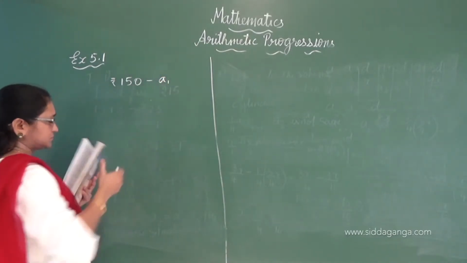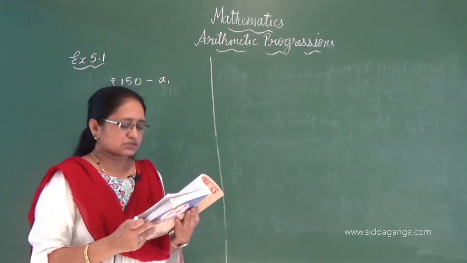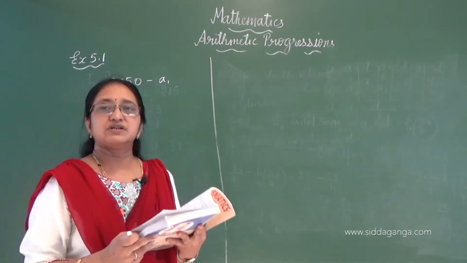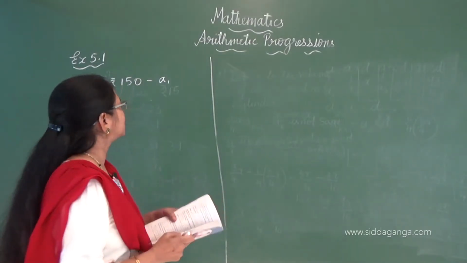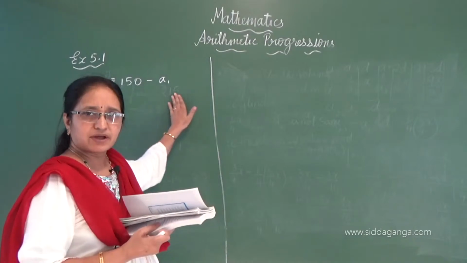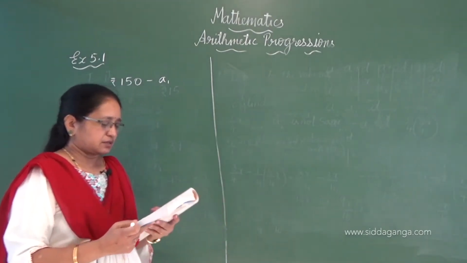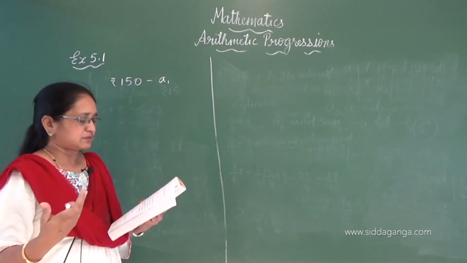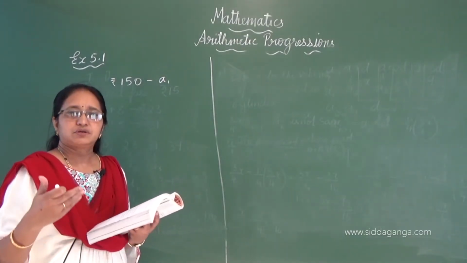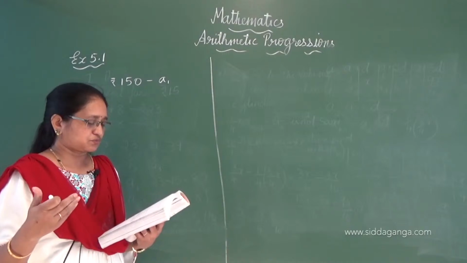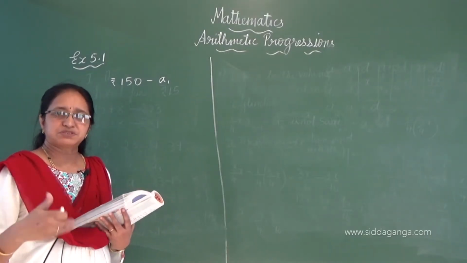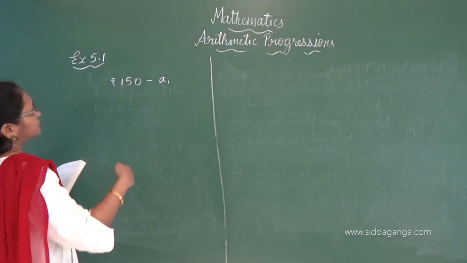So, again here also you can write the statement, the cost of digging for the first meter, rupees 150. So, you have to write the statement. Okay. Then the cost of digging for subsequent meter will be 50 rupees extra.